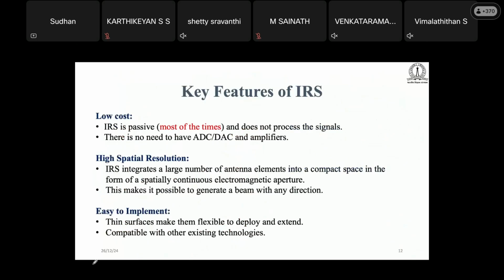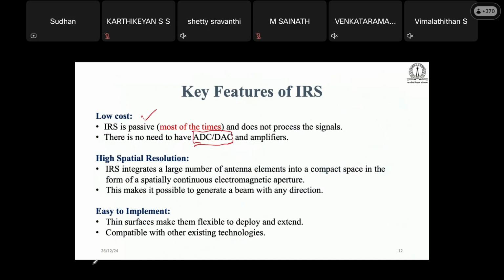So what are the key features of IRS? The key features of IRS are low cost. Why low cost? Because it's passive most of the time, so it does not require an RF chain. If there is no RF chain, it's not power hungry. There is no need to have ADC and DAC. This is another power hungry component, right?